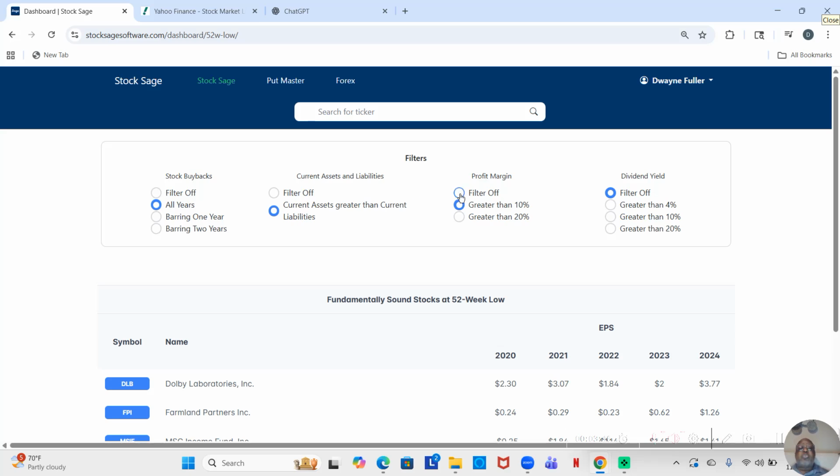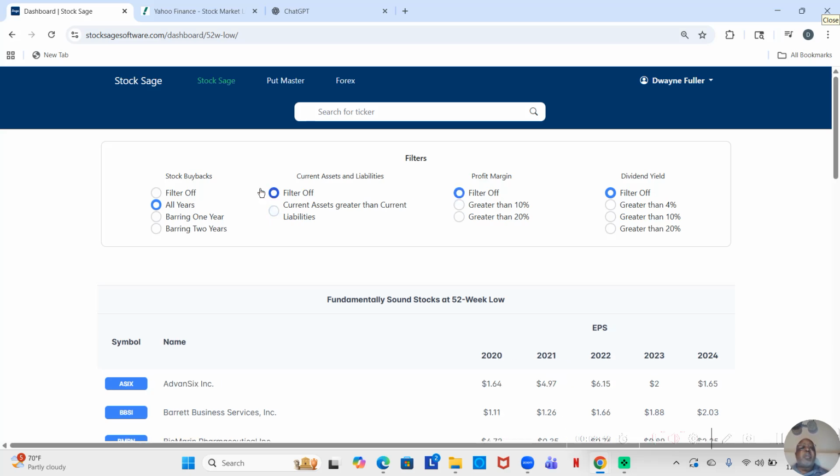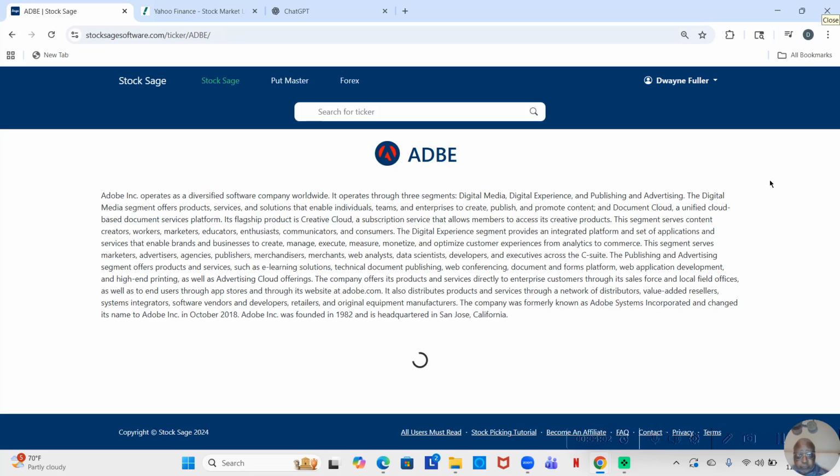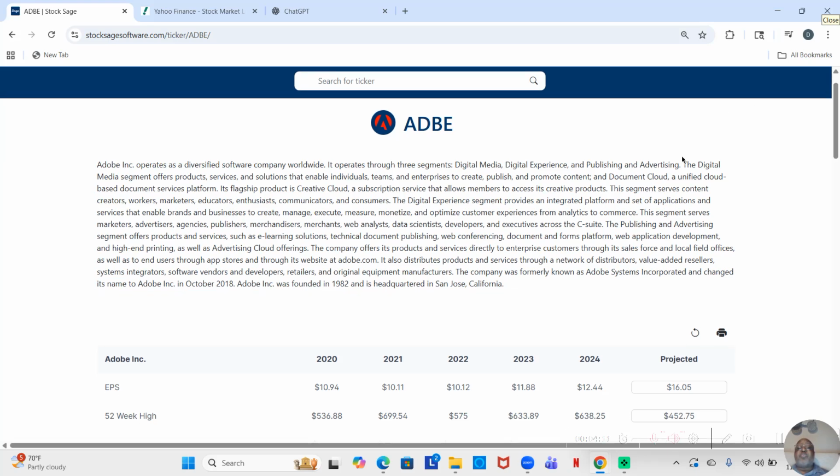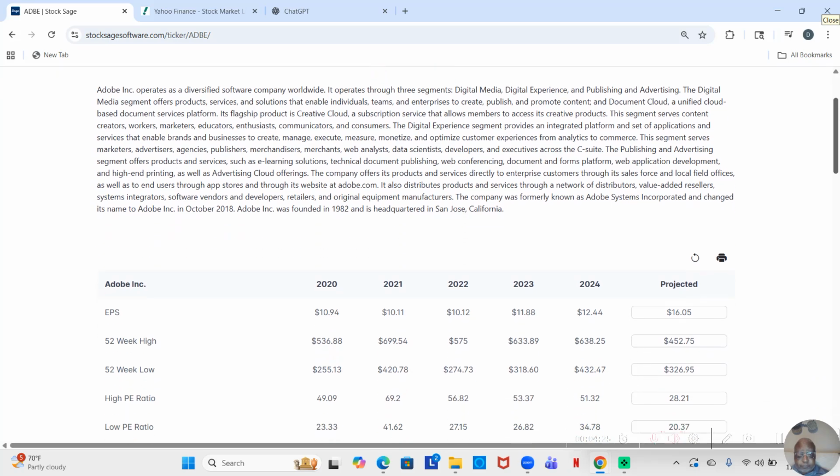But since we don't have Adobe showing in the list right now, we're just going to type in the ticker symbol and do a search for it. And if we look right here at the top, it tells us what the company does, what Adobe does, which is a number of things.